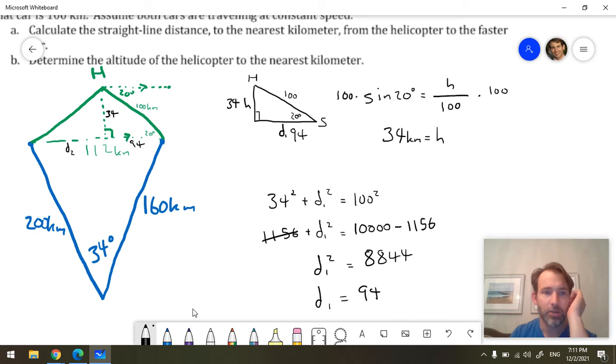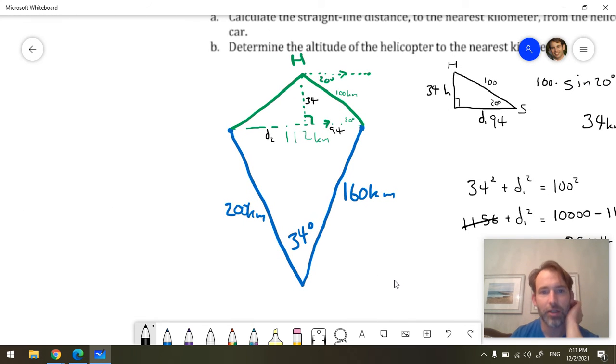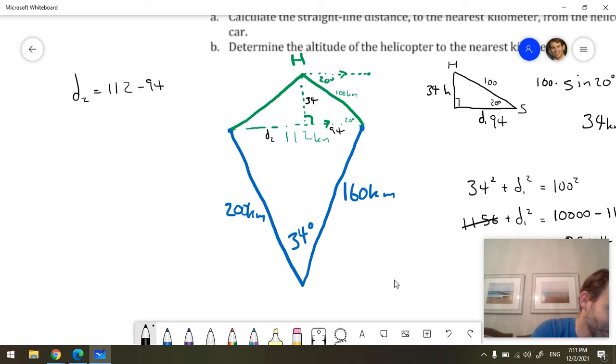Okay. So now let's go back over here. I got in trouble doing things in my head a while ago. So D2 is equal to 112 minus 94. Let's just do it on my calculator, right? 112 minus 94 equals 18.